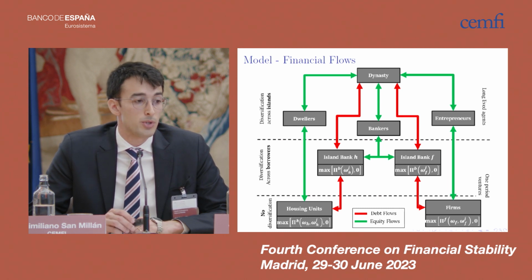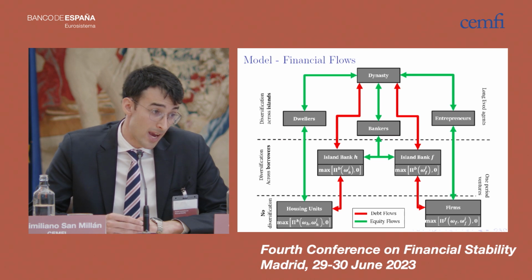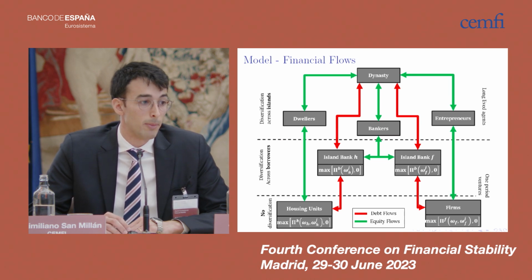So essentially what's going to happen in the model is that I'm going to be shocking the cross-sectional dispersion of this idiosyncratic risk, okay? Both at the diversifiable level and at the non-diversifiable level.